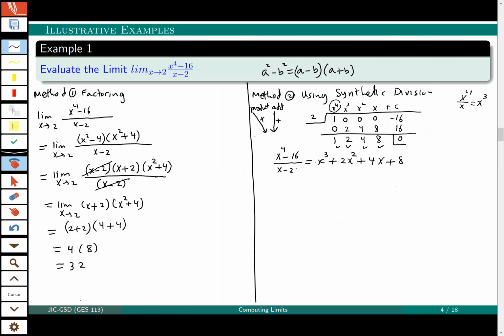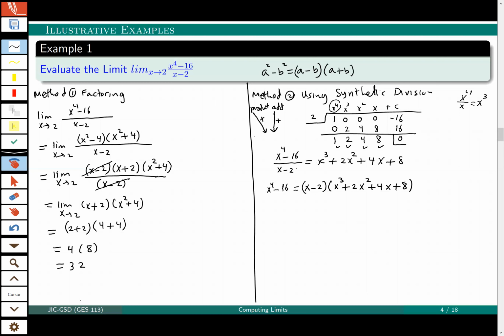So it is 1 times x cubed, 2 times x to the power 2, 4 times x plus 8. Or you could say x to the power 4 minus 16, which is the polynomial, can be written as x minus 2, which is the divisor, times the result of the division. Both are the same.